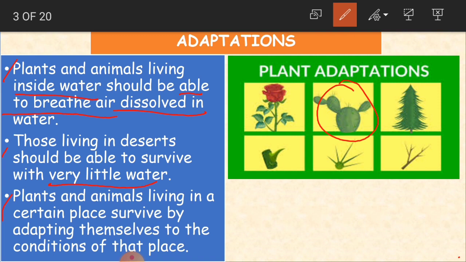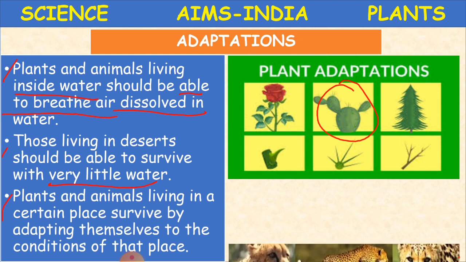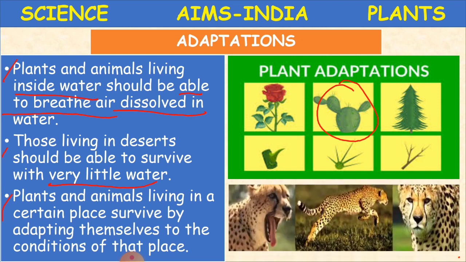Wherever they live, they make themselves fit to that environment and climate condition. Clear, children? This process is known as adaptation. Adaptation is nothing but making themselves, not only plants, any living thing, be it an animal, a human being or a plant, live in those particular climatic conditions. Okay, children?